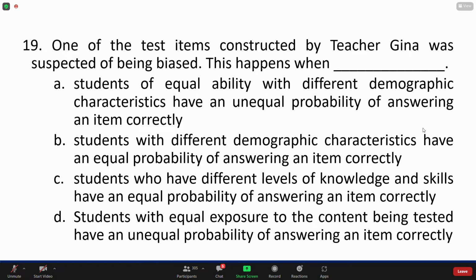Letter C, students who have different levels of knowledge and skills have an equal probability of answering an item correctly. Letter D, students with equal exposure to the content being tested have an equal probability of answering an item correctly.